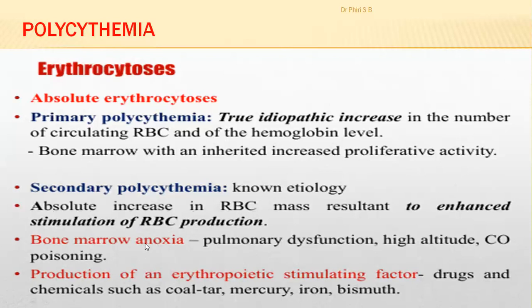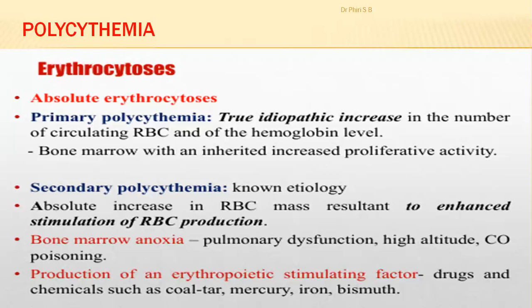Anoxia is the extreme or severe case of hypoxia. In case of pulmonary dysfunction, high altitude, then carbon monoxide poisoning. So because of these factors, when you have pulmonary dysfunction, it means there is no adequate gaseous exchange that will result into hypoxia, and then there will be more production of erythropoietin, as we discussed.